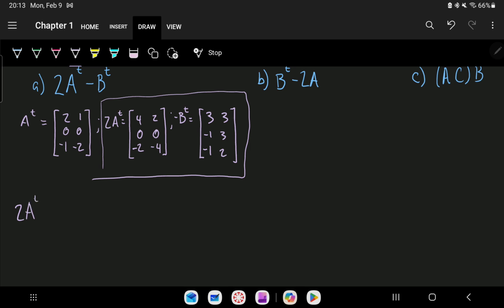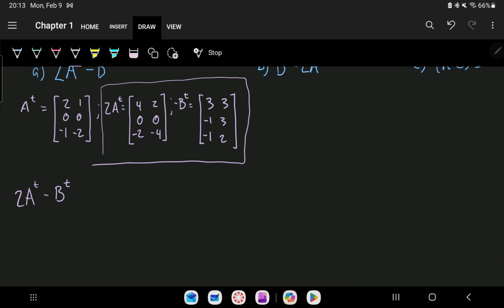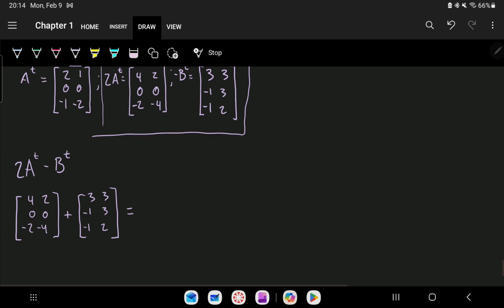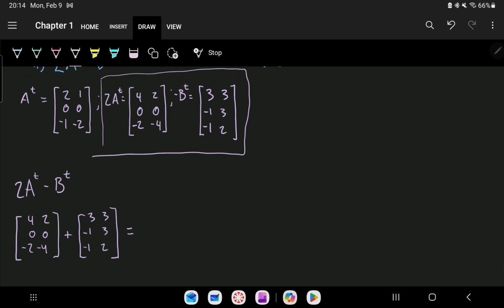The result then, if you haven't guessed, is, let me write this out clearly. Just adding each individual component. Since we already boiled that negative in when we made negative B transpose, we're just going to have to add at this point.